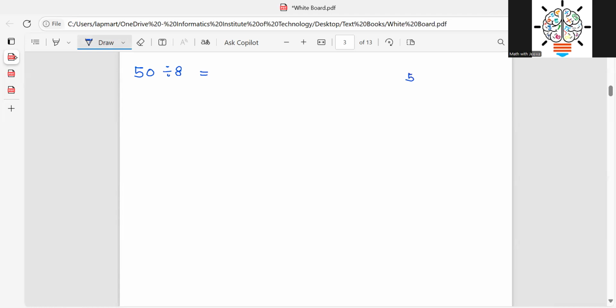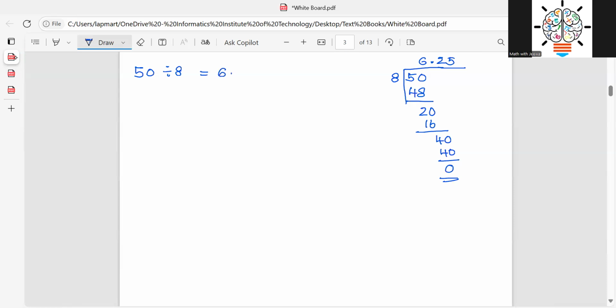But before that, I want to do the working. 50 divided by 8. 8 times 6, 48. For the 20, put the decimal. 8 times 2, 16. 40. 8 times 5, 40. So like this, when you divide 50 by 8, it gives me 6.25.